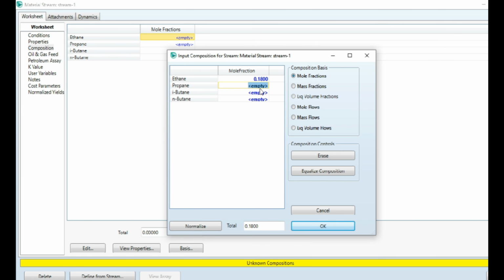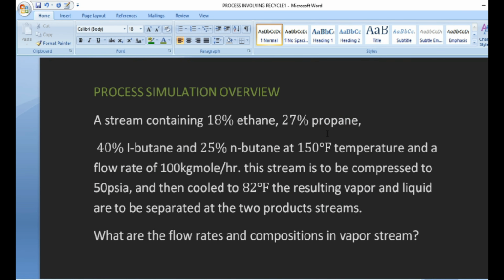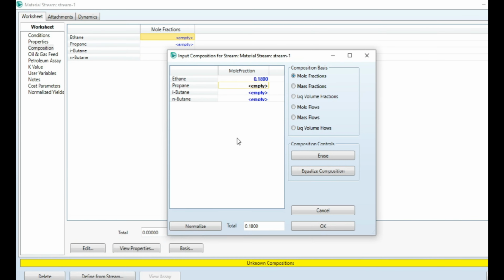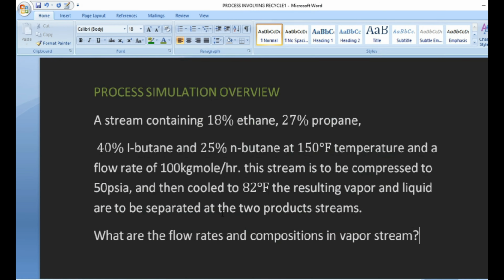For propane I have 27, that's 0.27. Then I have 0.40, and I have 0.25. Let's check so that I shouldn't make any mistake.